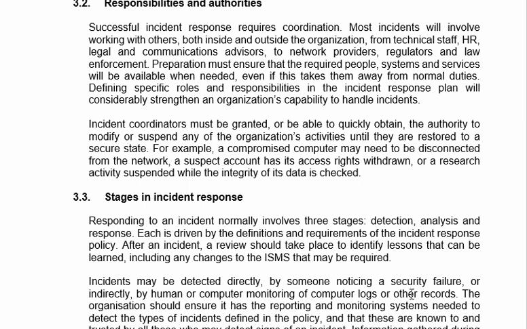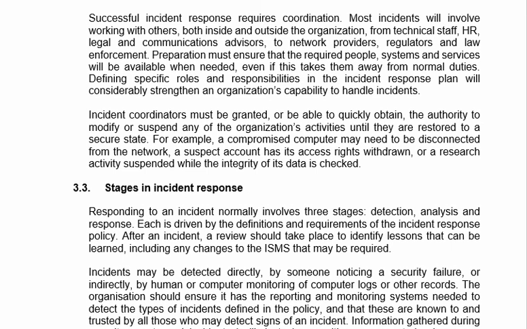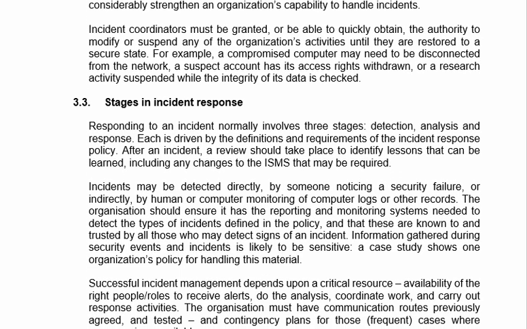For example, a compromised computer may need to be disconnected from the network, a suspected account may have its access rights withdrawn, or research activity may be suspended while the integrity of its data is checked. This responsibility and authority is very important in the case of an incident.